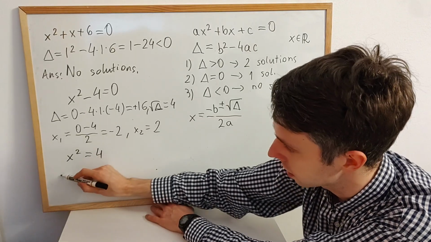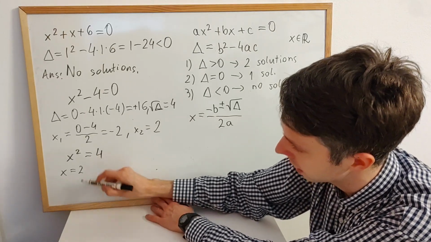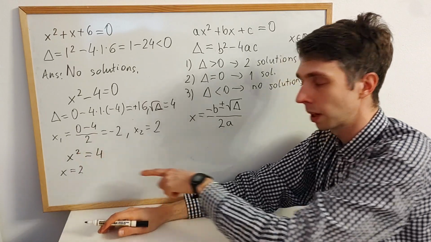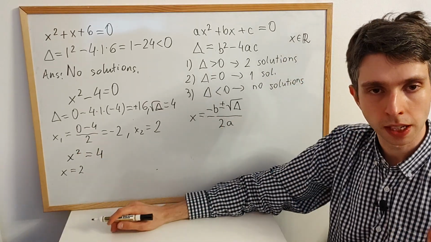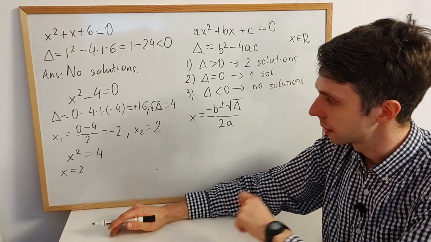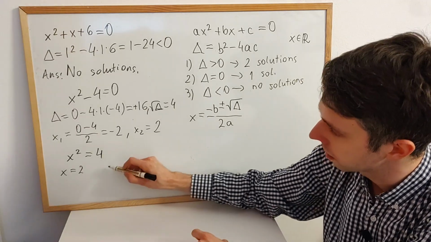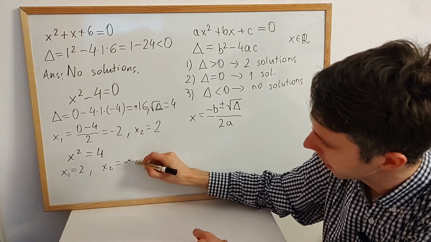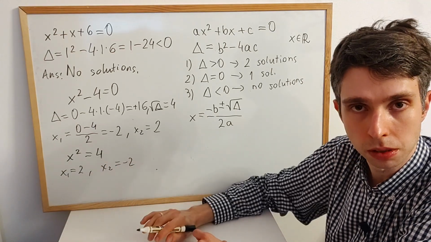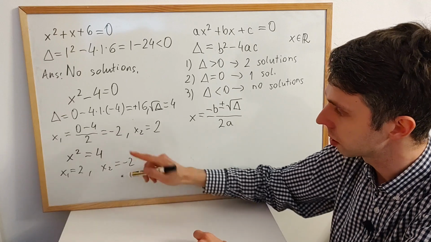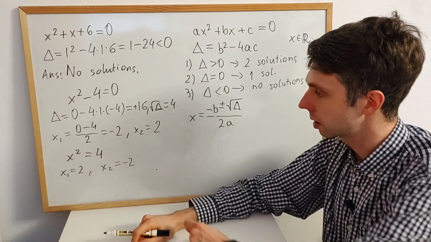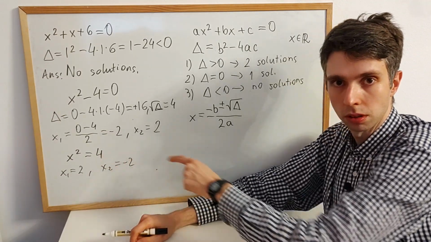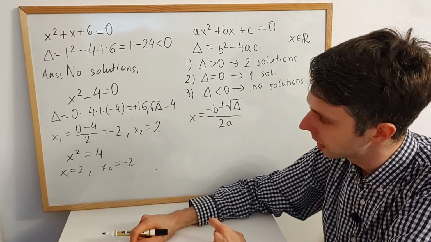The obvious answer is 2, because 2 squared is 4. But that's not the end of the story, because minus 2 squared also gives you 4. So you need to be careful, because this has two solutions.